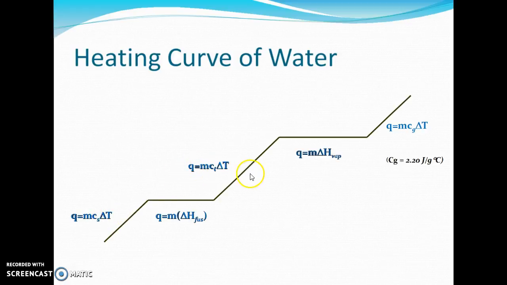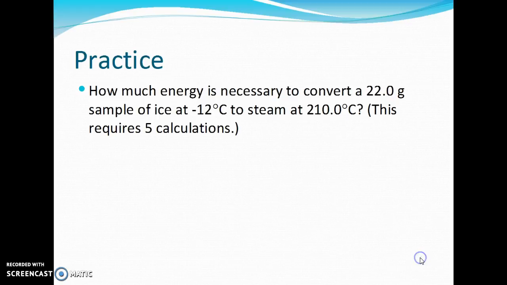Here, when you're heating up liquids, and here when you're heating up gases. And then for melting, you use the delta H of fusion times the mass or the number of moles. And here, when you're vaporizing, use the molar heat or gram heat of vaporization times the moles or mass for any time you're boiling off something.